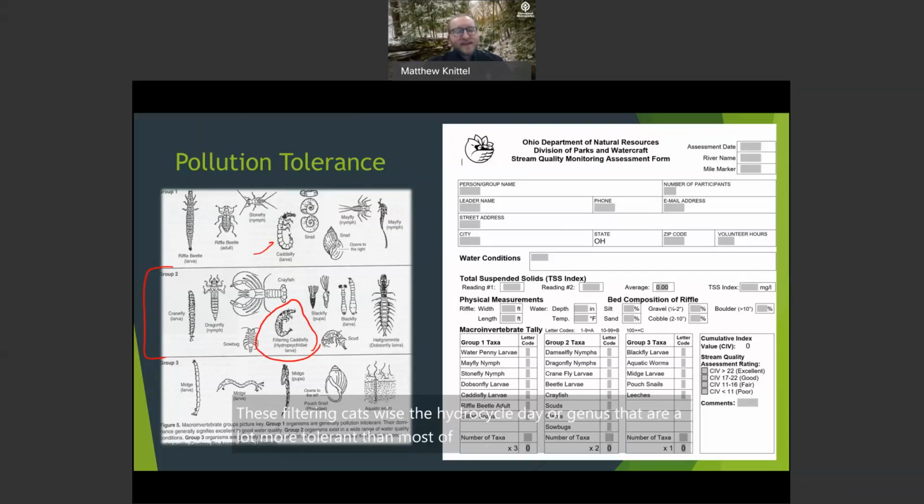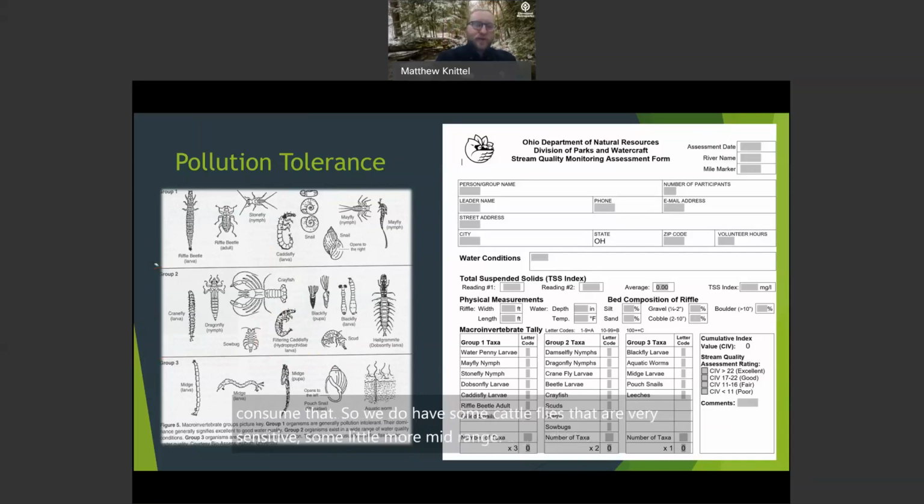So you will find these caddisflies in our streams a lot. They're typically kind of greenish brown color. And again, they're those net spinning caddisflies. Like we talked about earlier, they'll spin that little net to catch that organic material floating downstream to consume that. So we do have some caddisflies that are very sensitive, some that are a little more mid-range.